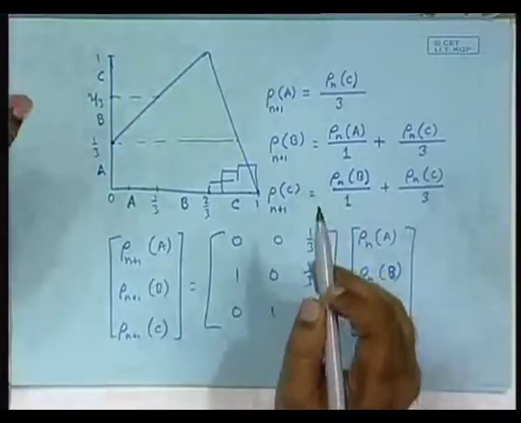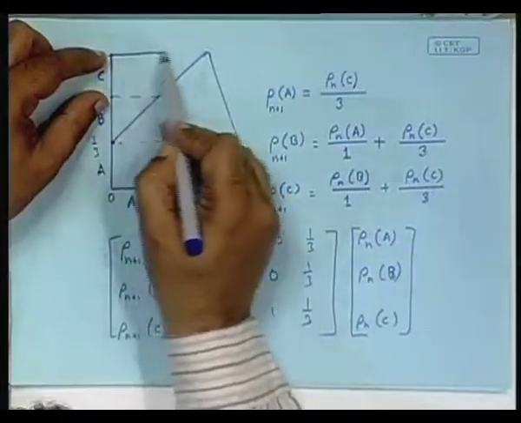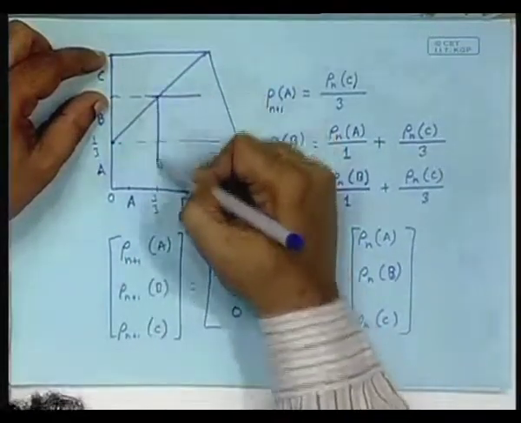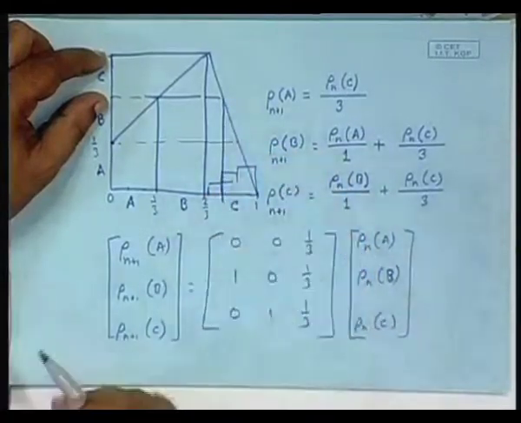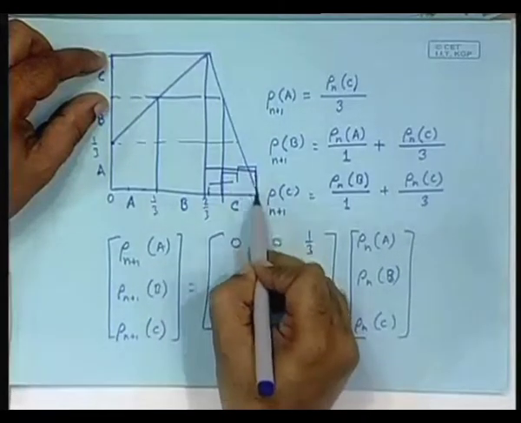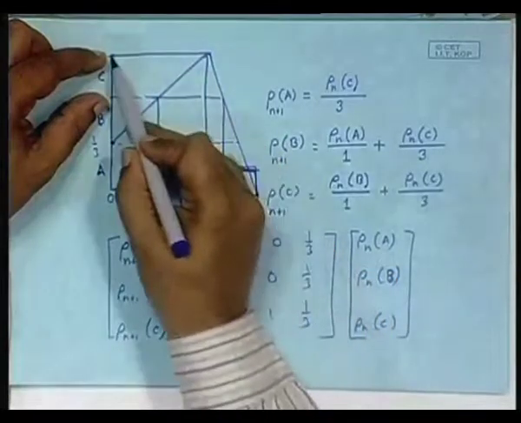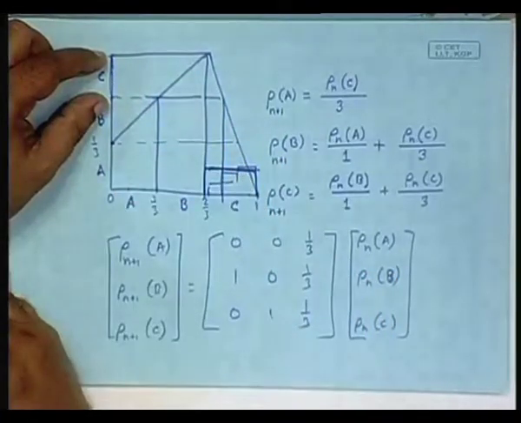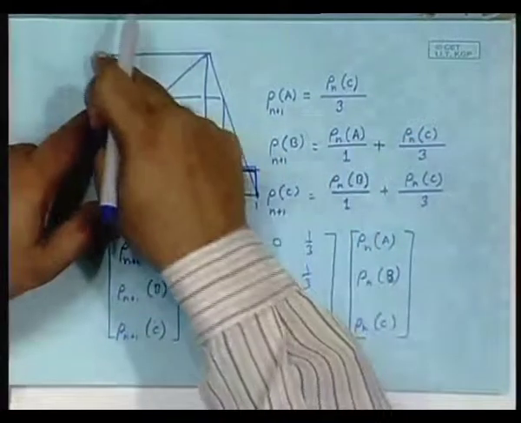In the previous iterate, it came from B and this part of C. If C happens to be uniform, it will remain uniform. If you start from uniform, it will remain uniform in the next iterate also. That means that ultimately the density over C will be uniform.